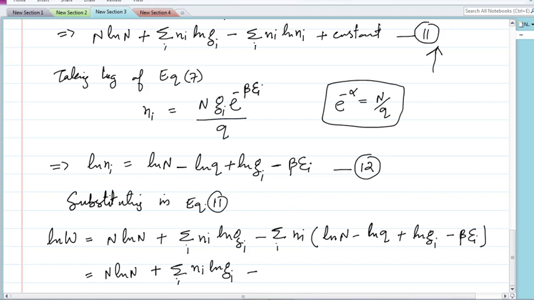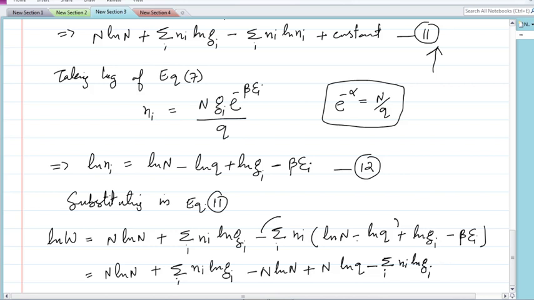You know summation i ni will be simply equal to N here. For the first term we will write it as N ln of N, then plus here again, because minus minus will be plus, so summation of ni will be capital N ln of q, minus summation ni ln of gi, which we retain as such.